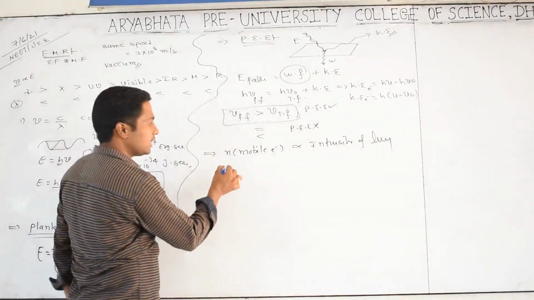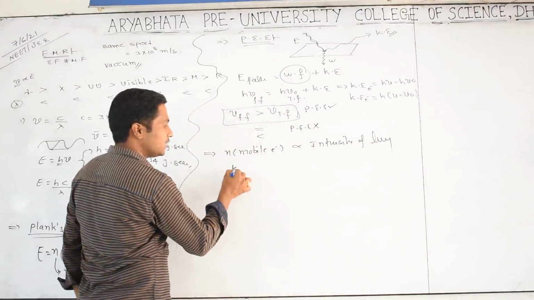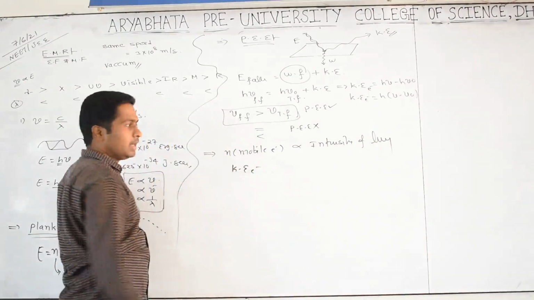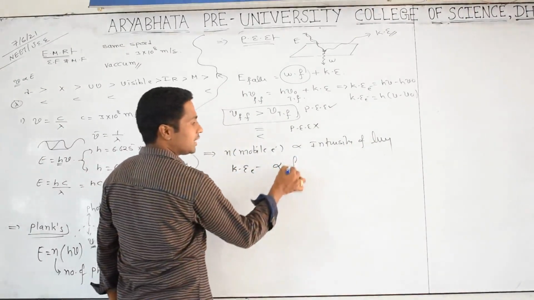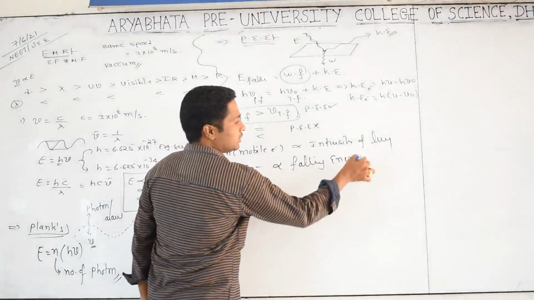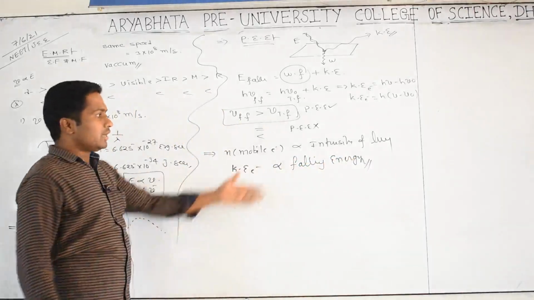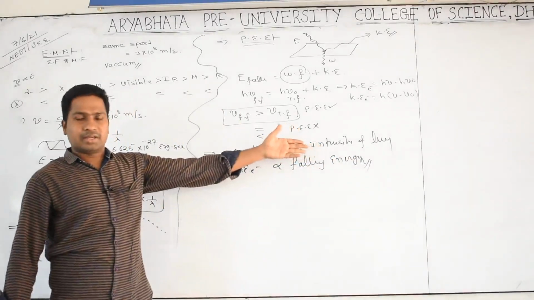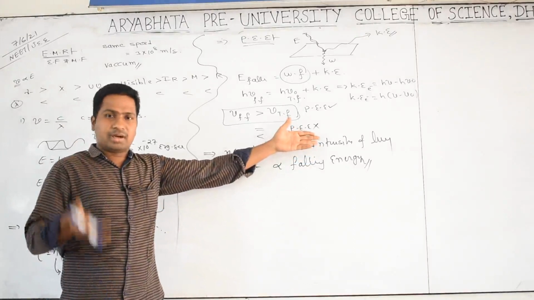Now the kinetic energy of the electron, this is an important bit. Kinetic energy of the electron is directly proportional to the falling energy. What does this mean? If you increase the falling intensity, more electrons will be coming outside.